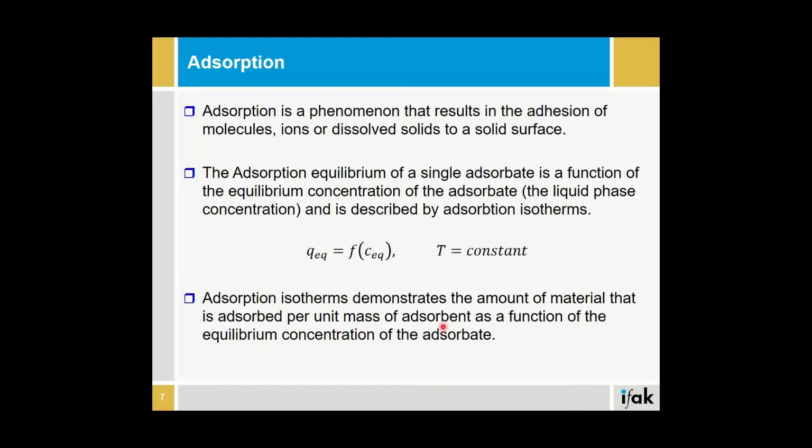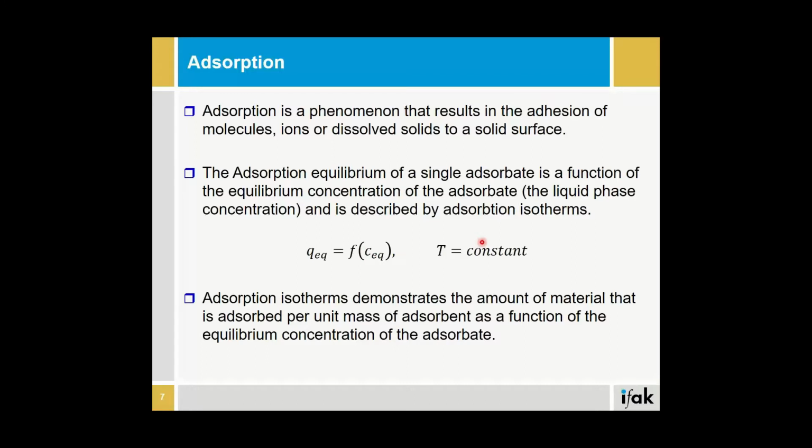And usually it is described by what are called adsorption isotherms. As you can see in this equation, Q is the adsorption loading, which is basically the amount of micropollutant, or whatever component I have in water, divided by the mass of the adsorbent, as a function of the equilibrium concentration in water at a constant temperature.